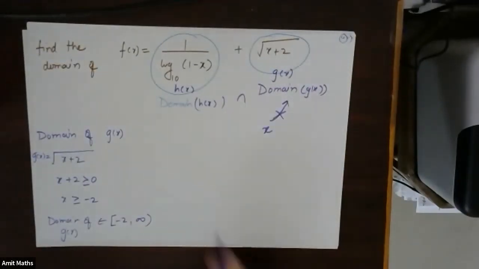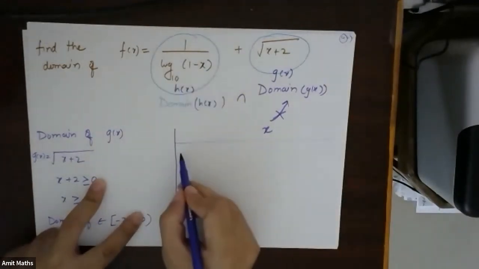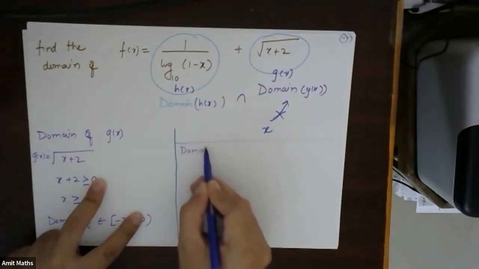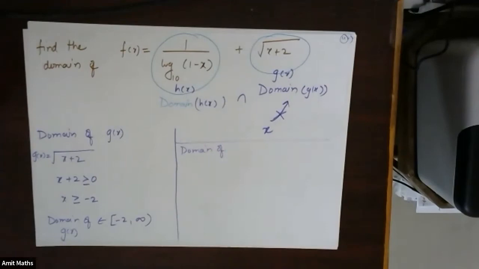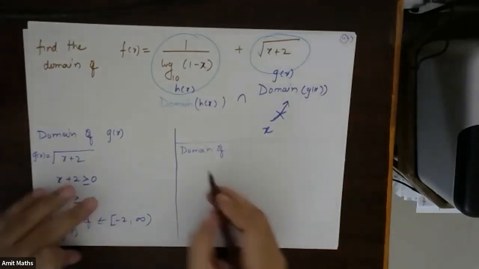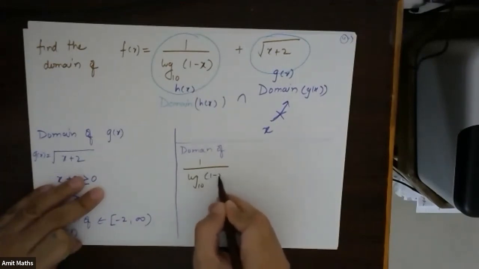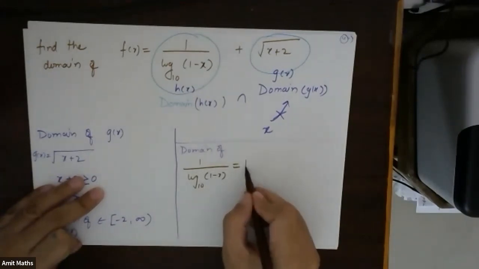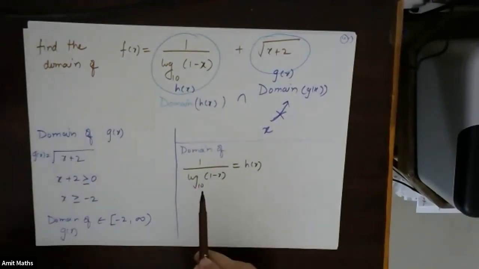This is okay, fine. Now second, I will find the domain of 1 upon log base 10 of 1 minus x, which I have taken as h of x. Here many students might have made a mistake.